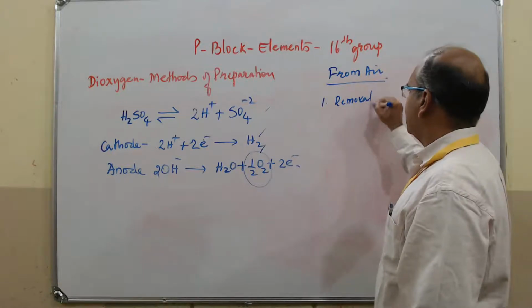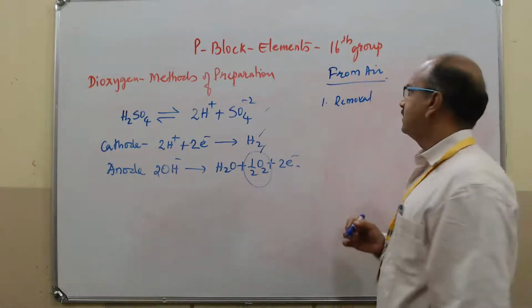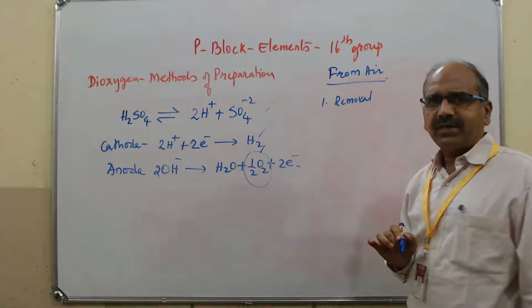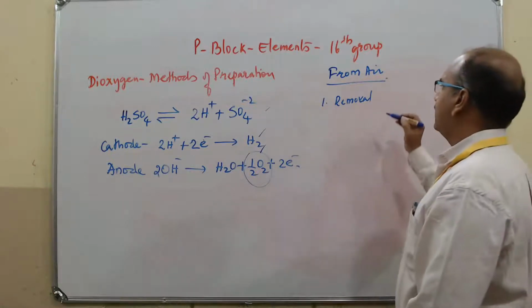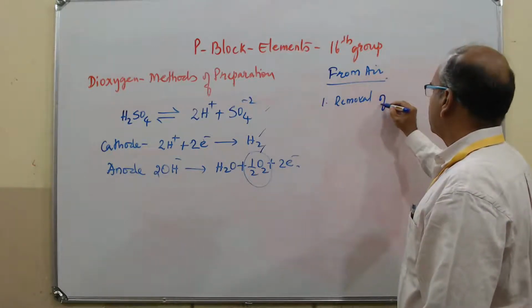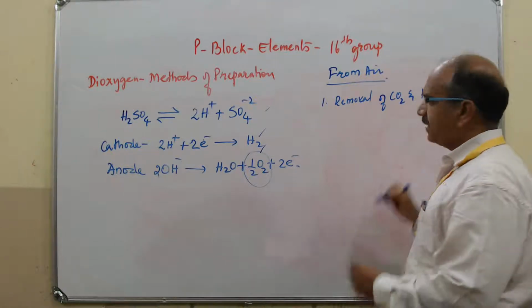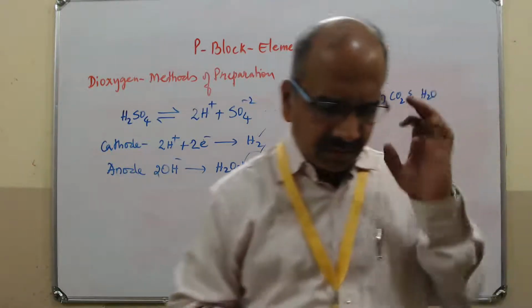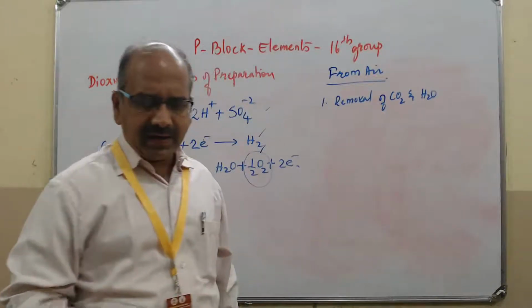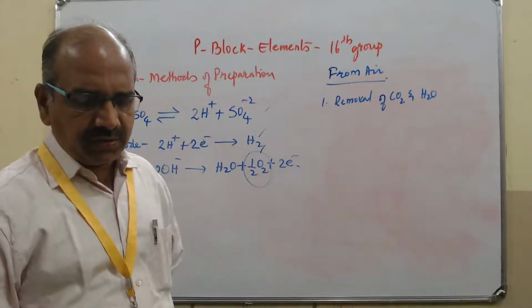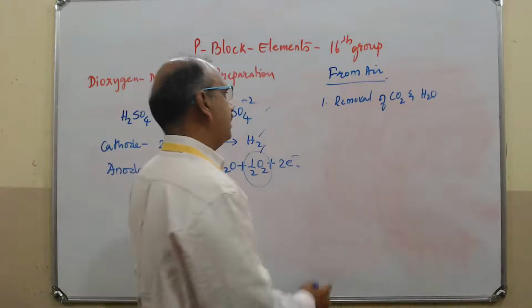There are different techniques to remove carbon dioxide and water. Air will be subjected to chemical treatment where carbon dioxide and water are removed. Then it is liquefied and subjected to fractional distillation to give dinitrogen and dioxygen.